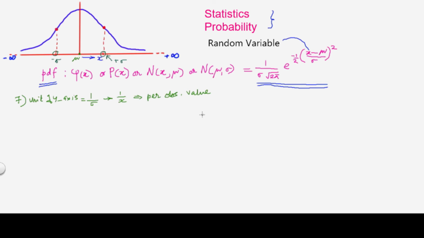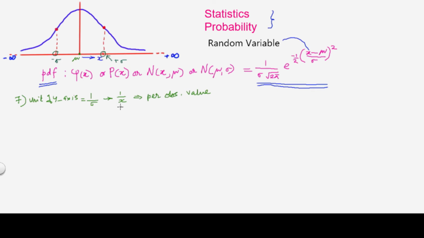Consider our wave height example. Here, if you substitute the units, sigma is in meters, so the y-axis will represent the probability, or output, per meter of wave height.